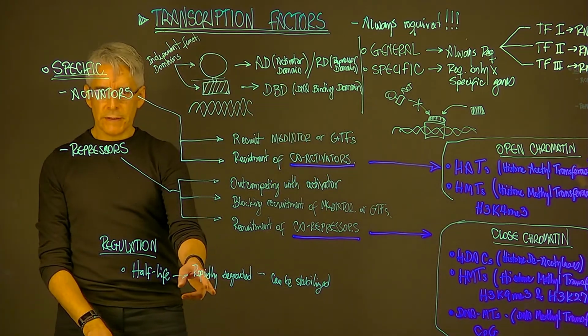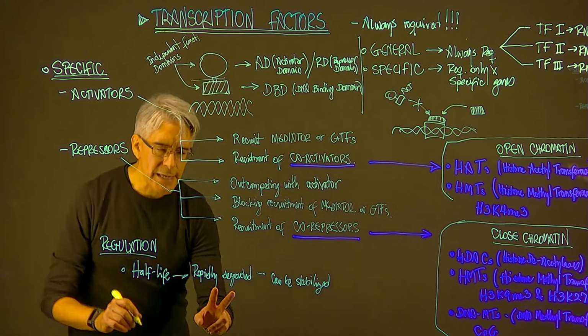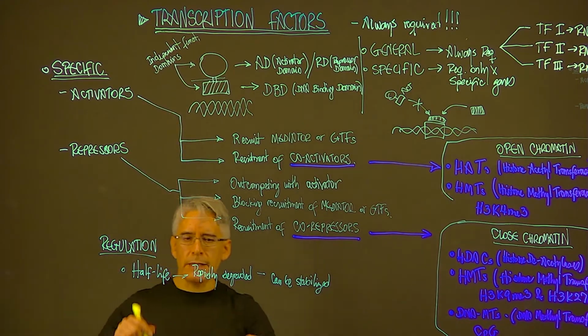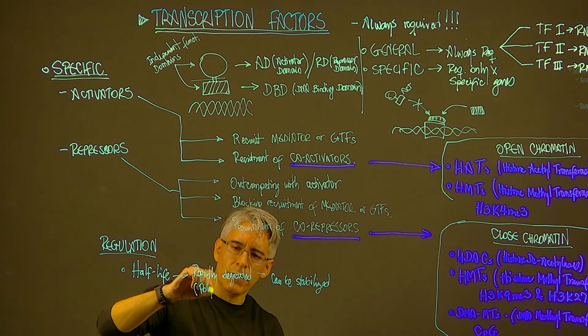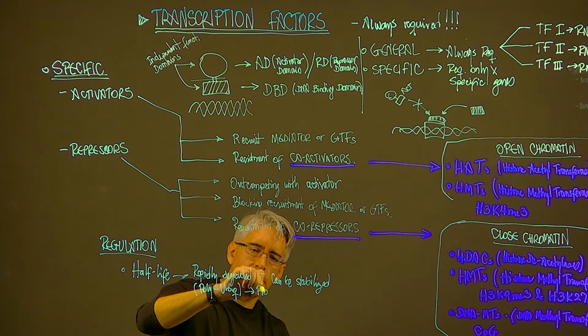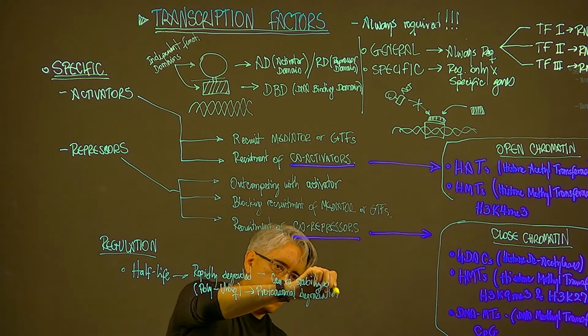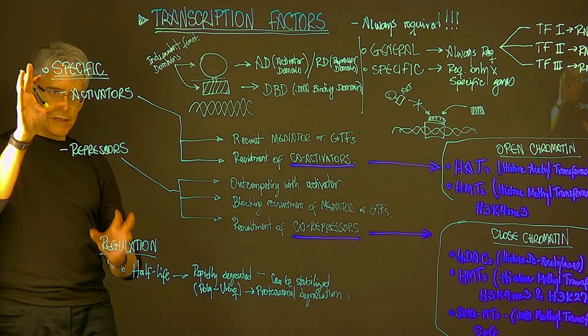Now, the rapid degradation of most transcription factors typically occurs by a polyubiquitination-dependent mechanism. So rapid degradation involves polyubiquitination, followed by proteasomal degradation. So that's the first mechanism to regulate the activity of specific transcription factors.